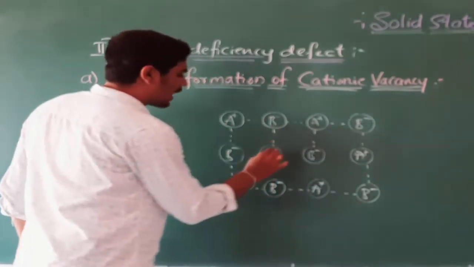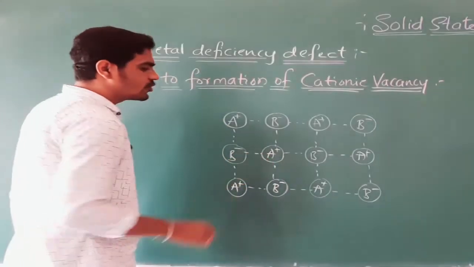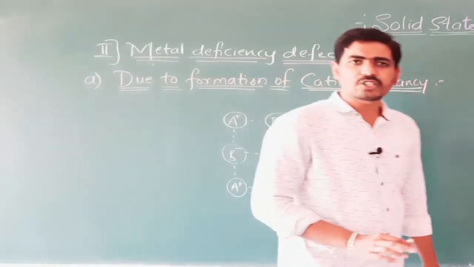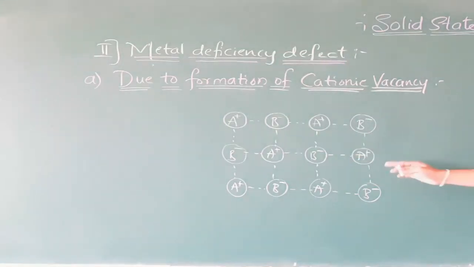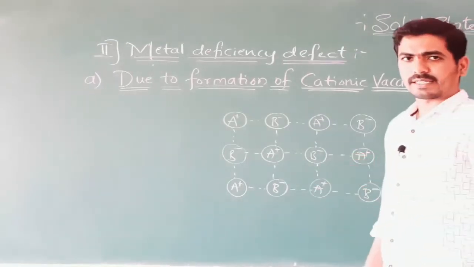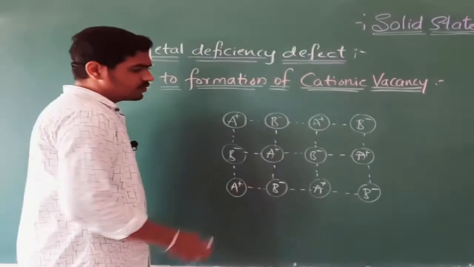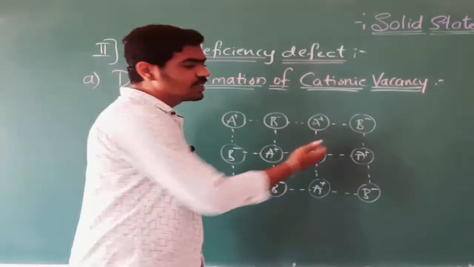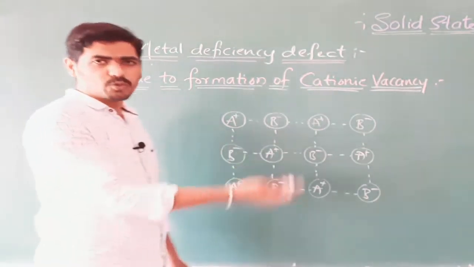Now it is an ideal crystal because all the particles are arranged regularly. There is no deviation or irregularity in this crystal lattice, hence it is an ideal crystal. Now how will the defect arise in this crystal lattice? Suppose upon heating, one of the cations is removed.